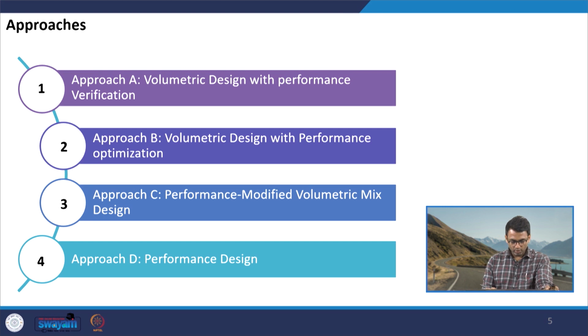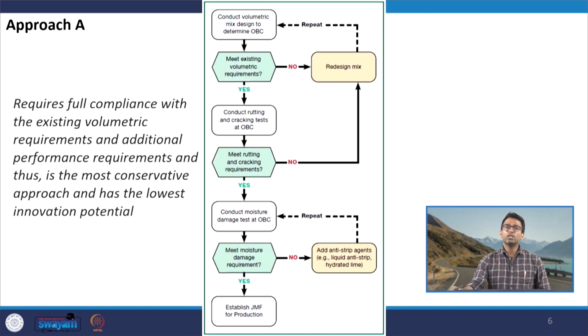And then we have approach D, which is performance design, which has the highest level of flexibility to vary the volumetrics within the mixture, just to ensure that the mix which is produced satisfies the given performance criteria, which can be in terms of resistance to permanent deformation, resistance to cracking, resistance to moisture damage, or whatever critical distress has been identified. So, let us discuss the steps involved in each of these approaches.